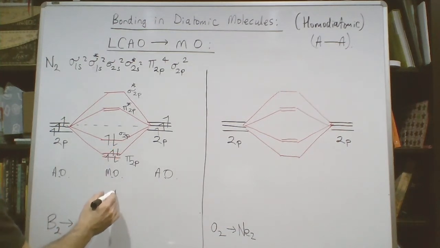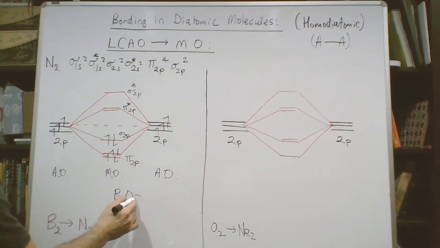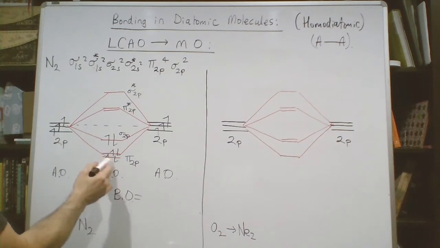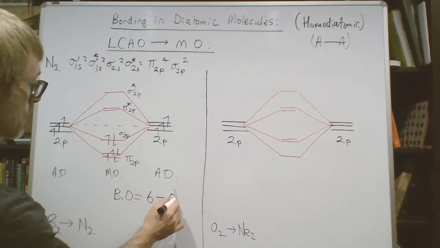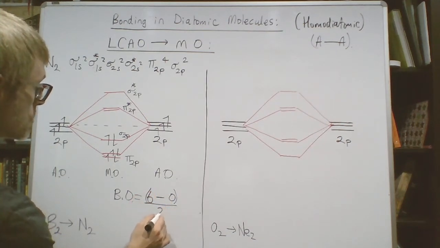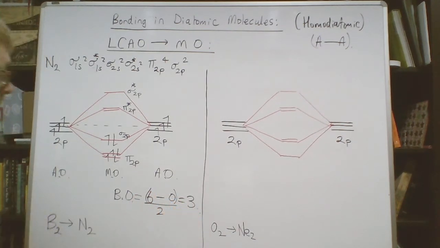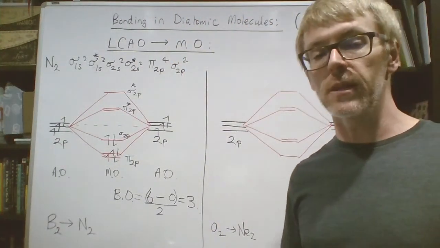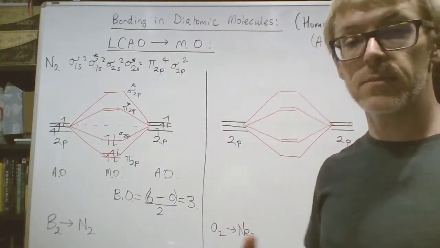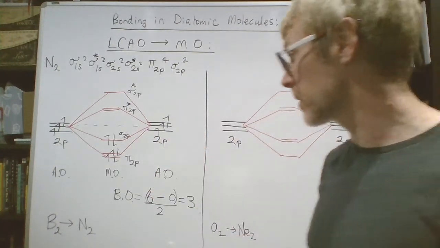So now when we calculate the bond order, we have 4 plus 2 is 6 bonding electrons, no anti-bonding. We take the average, that's 3. So we know that not only does dinitrogen exist, but it's more stable than dicarbon. And it has, according to this theory, a shorter bond length.